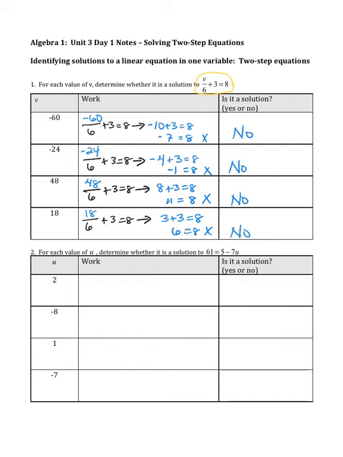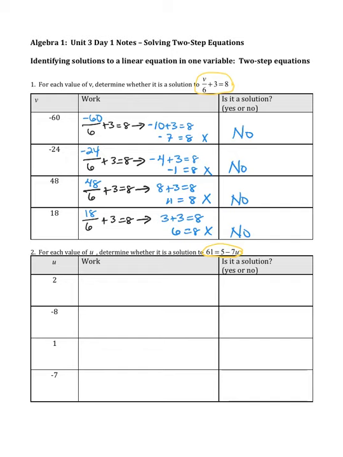Let's try another one. This time we're going to look at each value of u and determine whether these values are solutions to 61 equals 5 minus 7u. Now remember, when you have a variable and an integer, like we have negative 7 right by the u, that means multiplication.